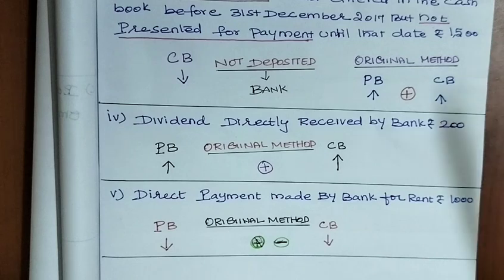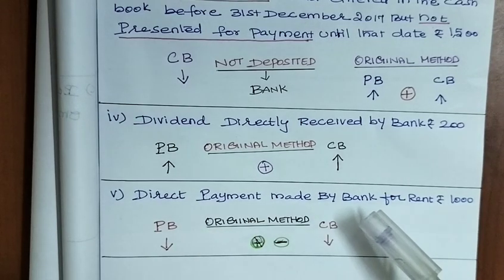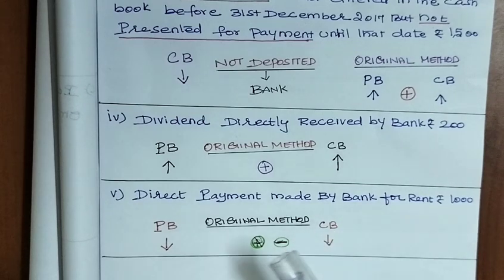Listen here, direct payment made by bank for rent, 1000 rupees. Payment means cash paid through bank for rent.